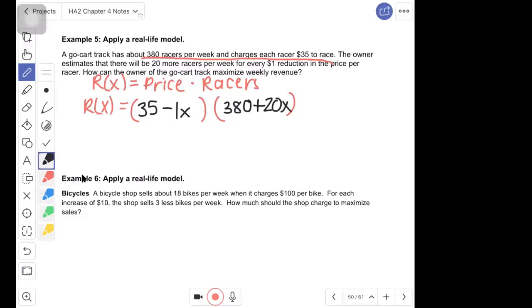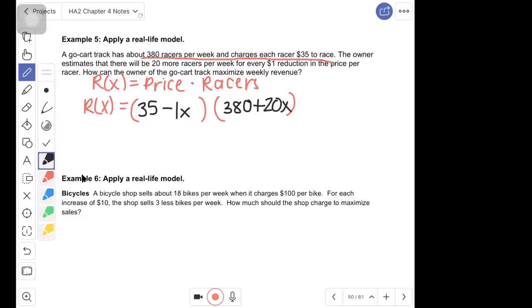Ms. Clark, can I ask a question real fast? Of course. So does the X just show that it's a different group, or does the X stand for something? So the X stands for what we are going to change the price by and how many more racers we'll get. So that's what we want to find.